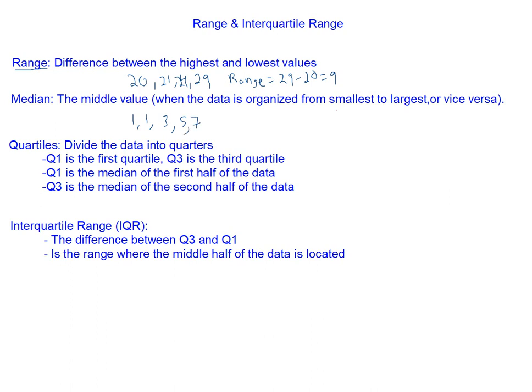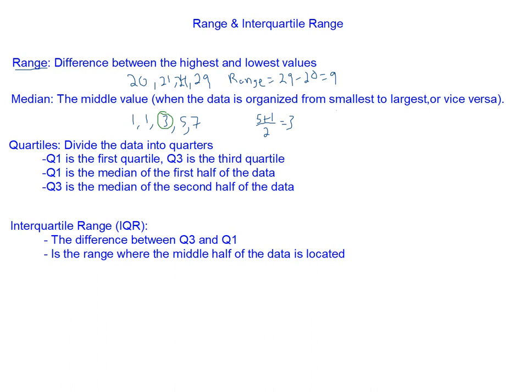There are 5 pieces of data, and in order to find the middle, we can take those 5 pieces of data, add 1 to it, and divide by 2. So 5 plus 1 is 6, divided by 2 gives us 3, which tells us that the third data piece is actually the median. So that's the median in this case.